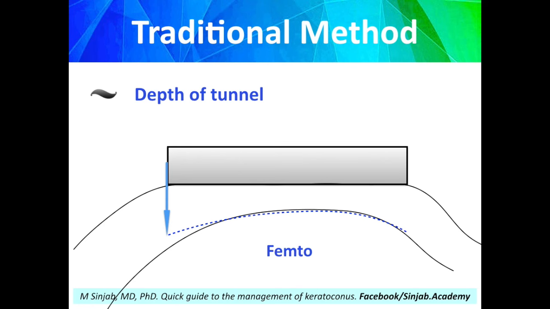It is not dissecting between layers. It is creating a layer through the lamellae, and therefore it may cut through the lamellae if we are very approximate to the thinnest location.